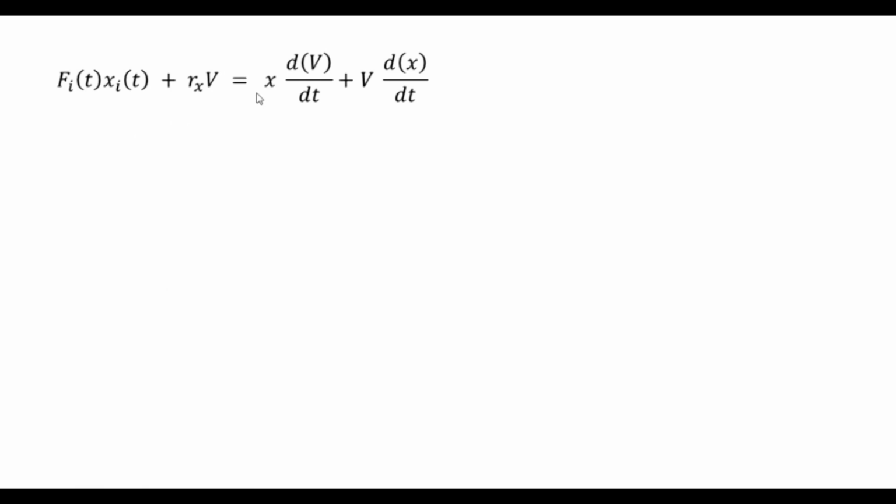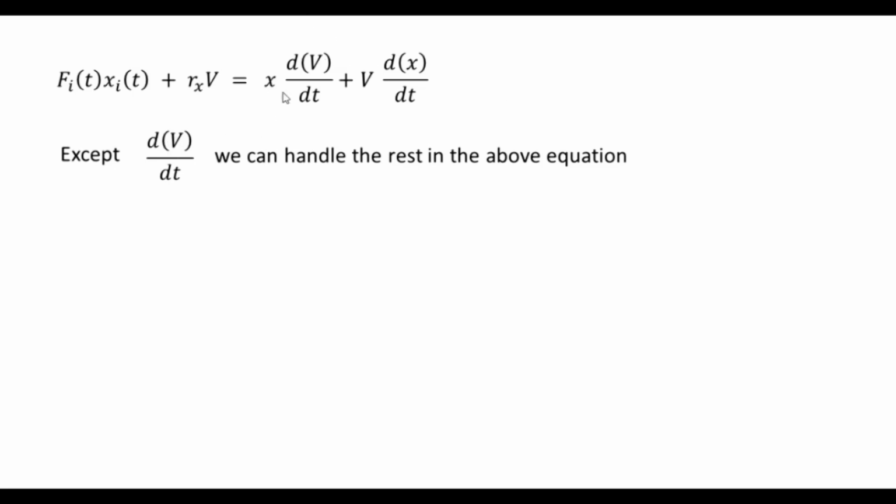Now we no longer have that niceness of something being constant. All the terms are there. So Fi(t) Xi(t), first term, plus Rx into V. Here V is not a constant, right? So x dV/dt plus V dx/dt is the expansion of d(xV)/dt. So all these terms are still there.